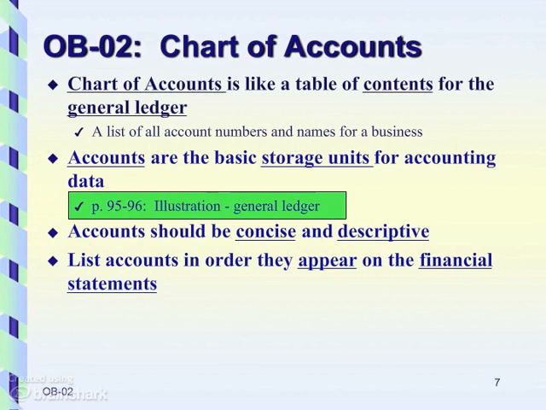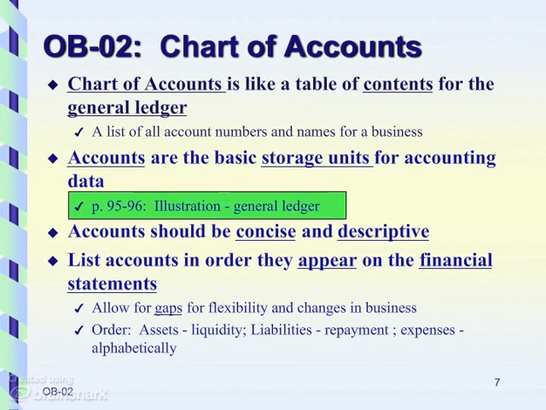The accounts are numbered typically with assets starting with ones, liabilities starting with twos, stockholders' equity starting with threes, revenue starting with fours, and expenses starting with fives. There typically is an allowance for gaps, for flexibility, and changes in the business as it grows.